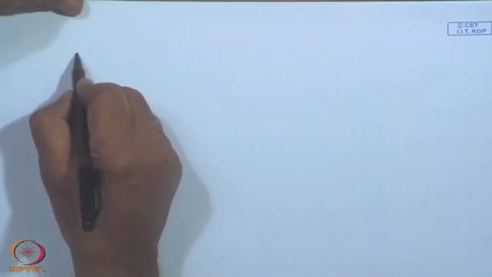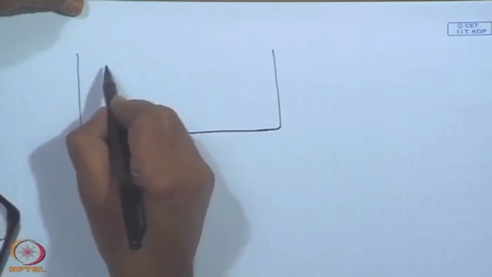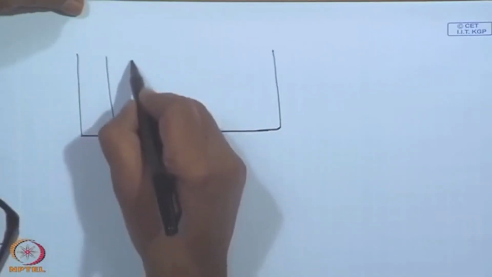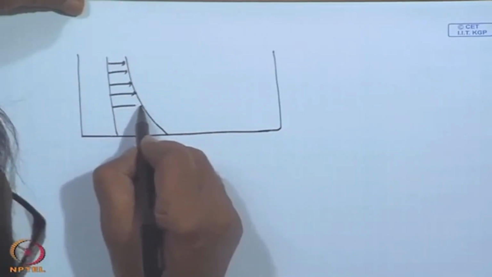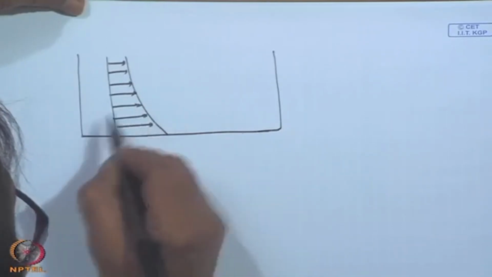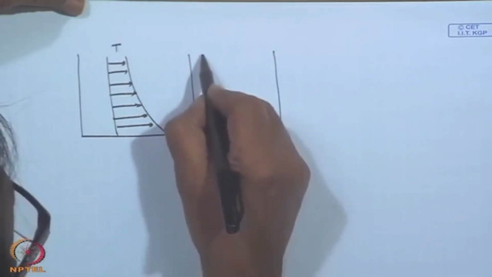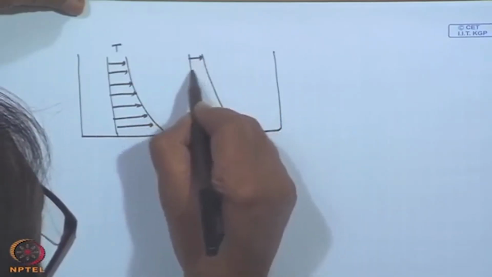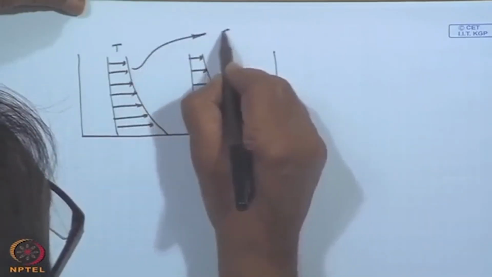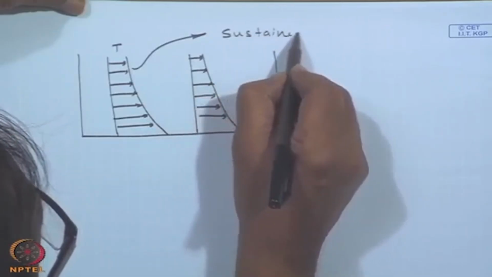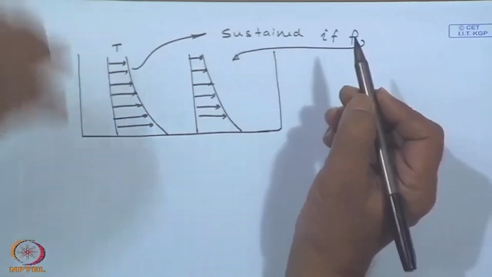Instead, if you have the temperature distribution like this, hotter at the bottom and cooler at the top, and this will be sustained if the density is like this, right?